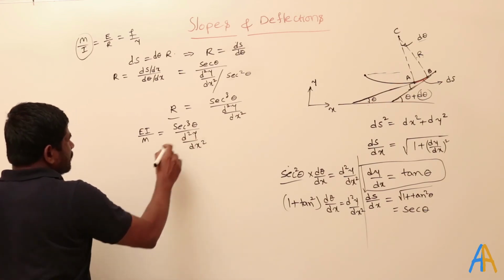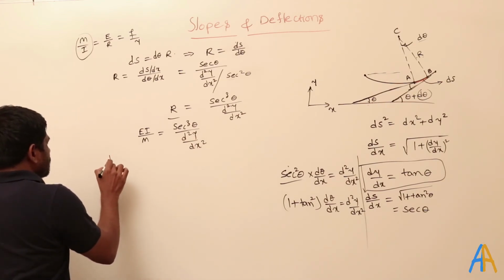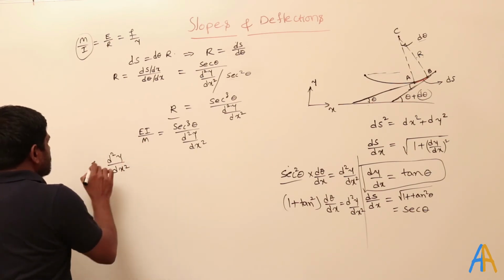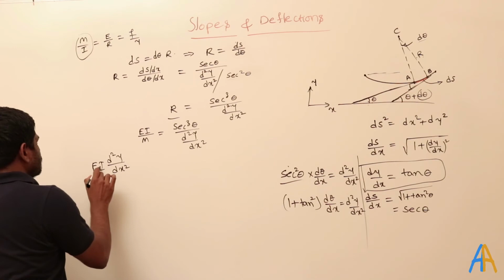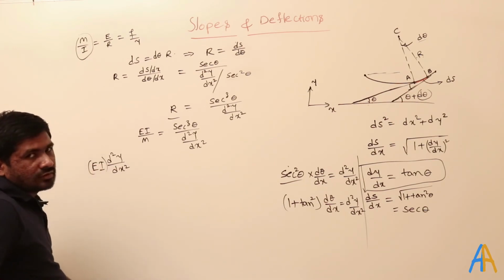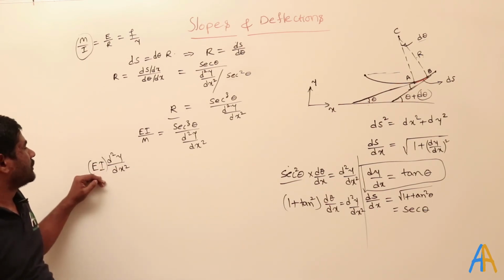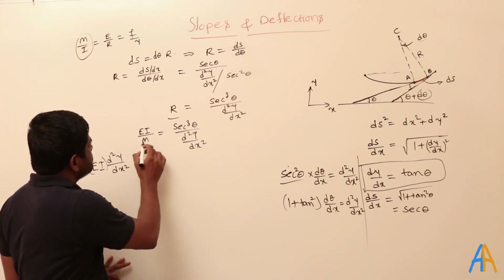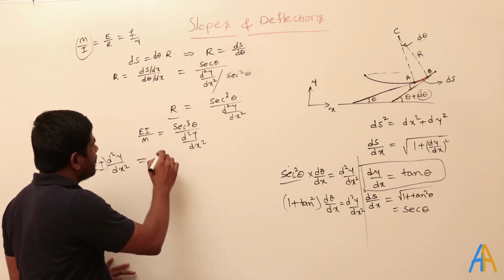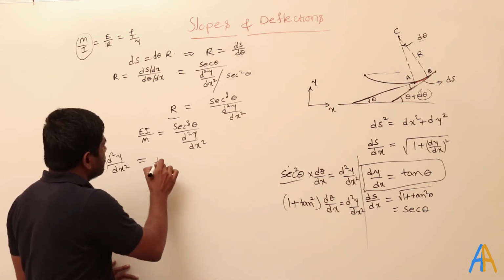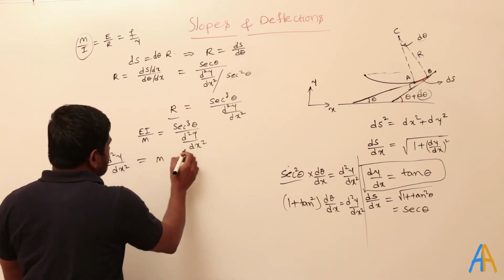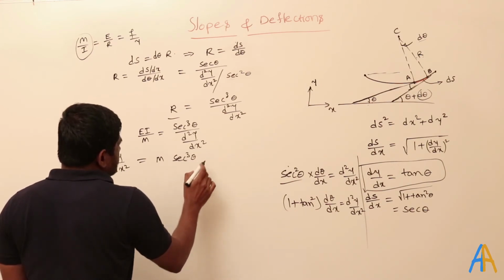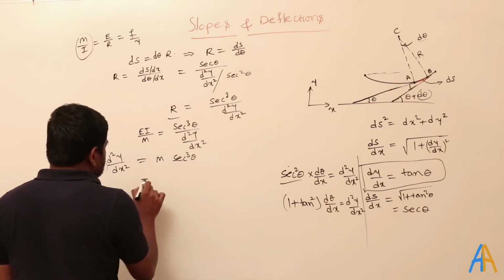But we want to find out d square y by dx square. EI is a constant always for a given cross section and material. The only thing that is changing along the length of the beam is M, so M into secant cube theta. I will substitute that value here.